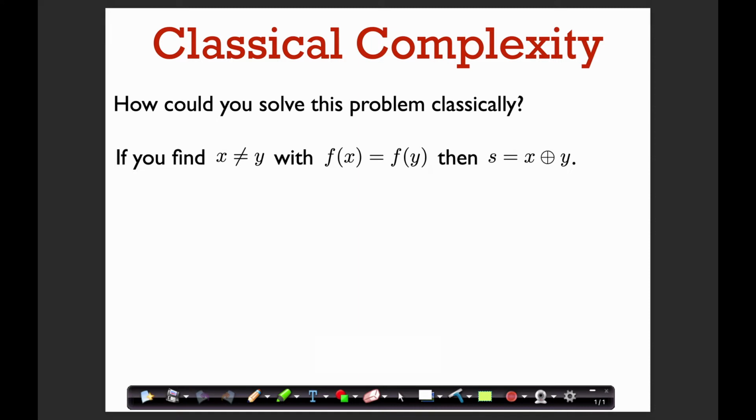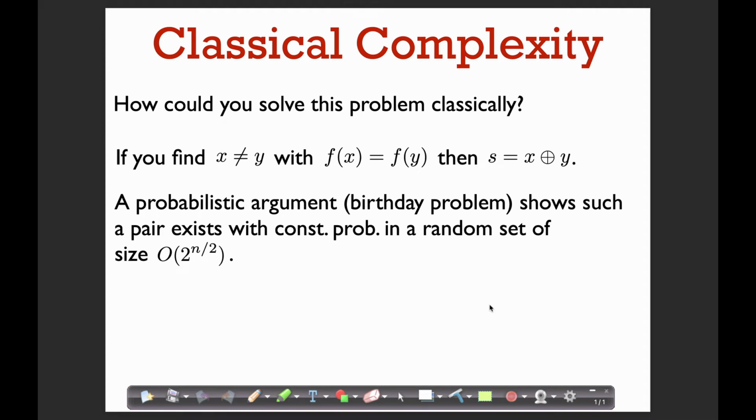So if we think in terms of randomized algorithms, then this already suggests a randomized algorithm. Here is a possible randomized algorithm.